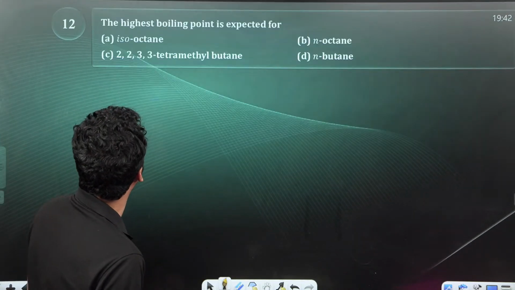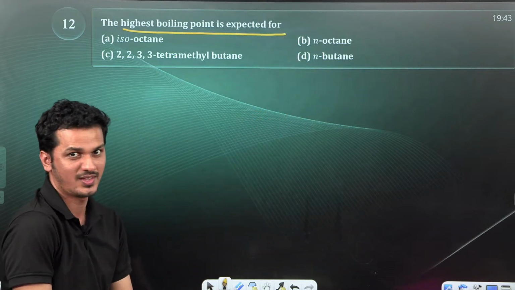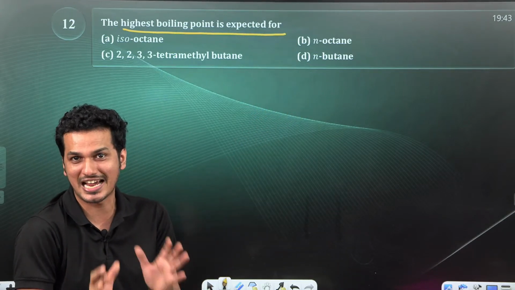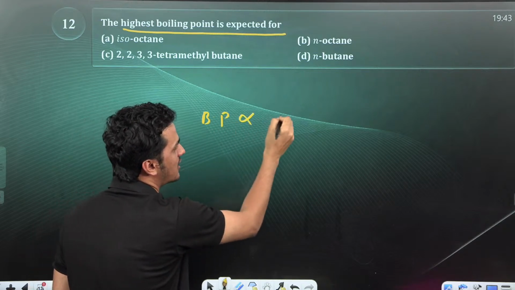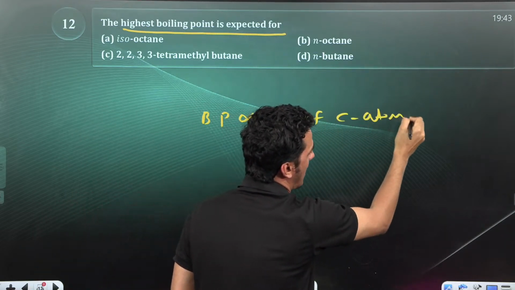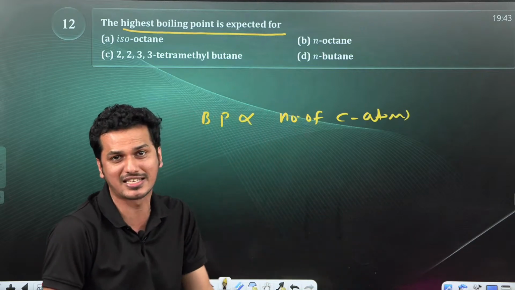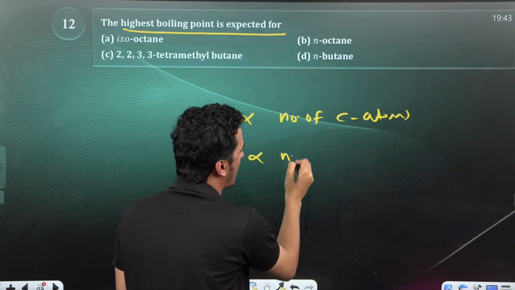That's the next question. That's a very important question. The highest boiling point is expected for. So I taught you that idea very clearly. Boiling point is directly proportional to the number of carbon atoms. When the number of carbon atoms increases, boiling point increases. Boiling point is directly proportional to molar mass.